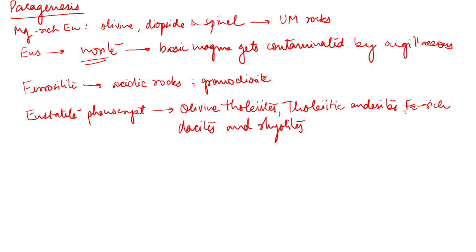Now, OPX is the most characteristic and most important ferromagnesian mineral in rocks of the Charnockite series. In the Charnockite series, you can find OPX as a very common and characteristic mineral, and it's a typical mineral of granulite facies.